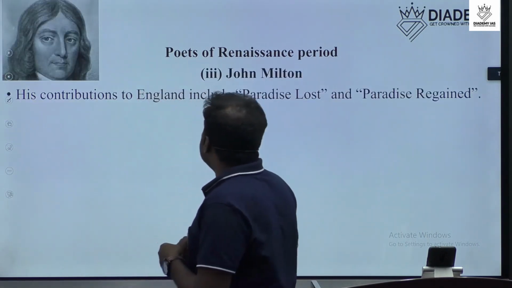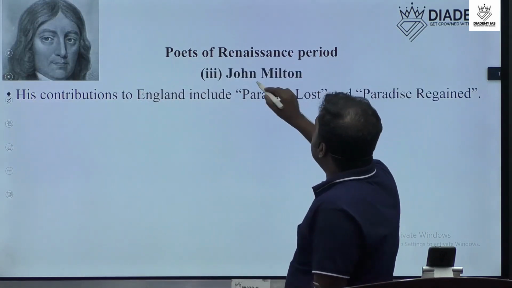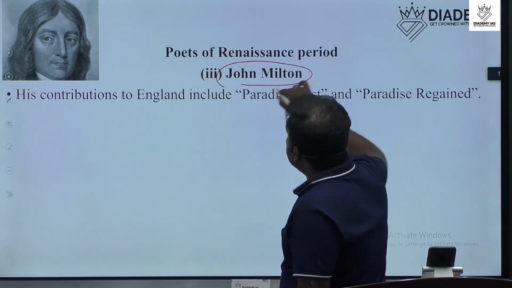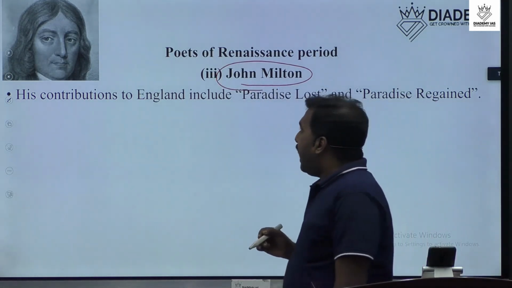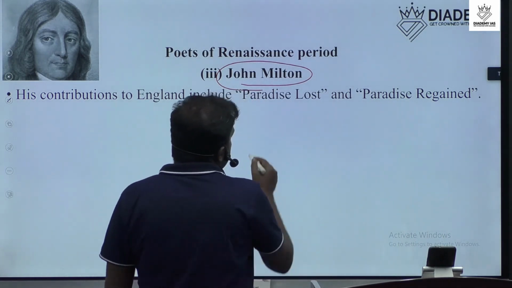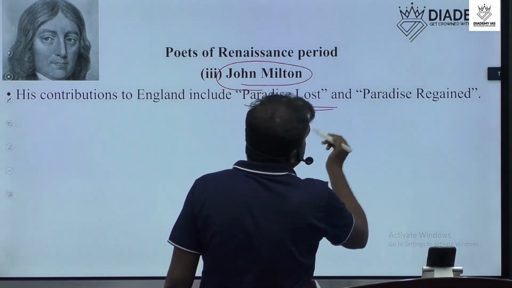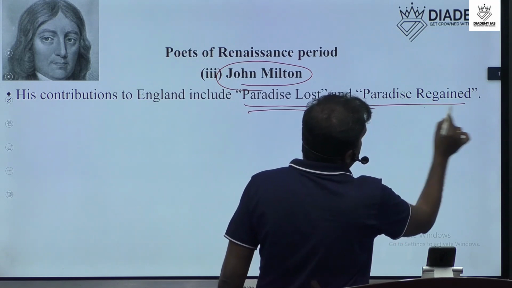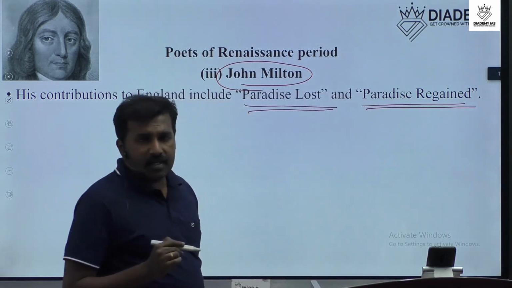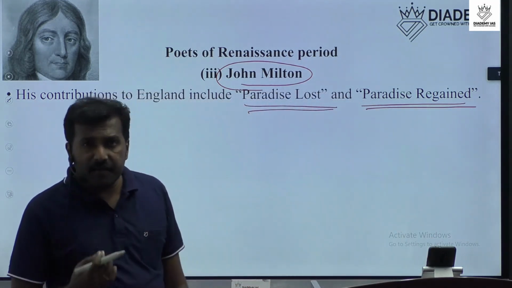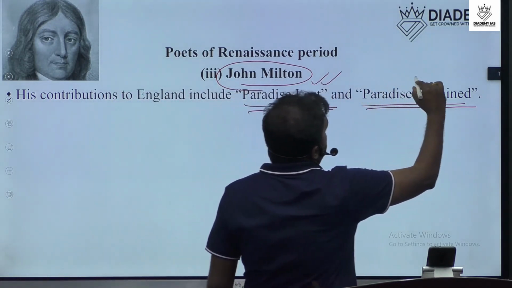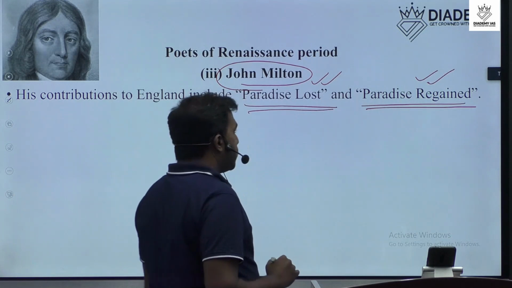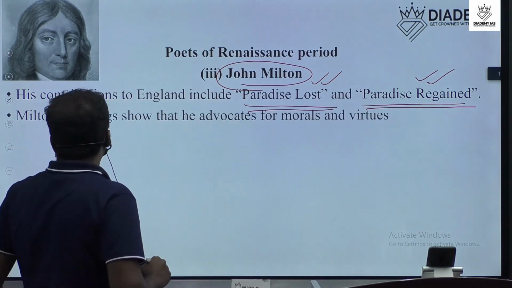The Faerie Queene, this literary work, highly influenced the society. And next one is John Milton. An important writer in that time is John Milton. His contribution is mainly through Paradise Lost and Paradise Regained. His important works highly influenced the society.